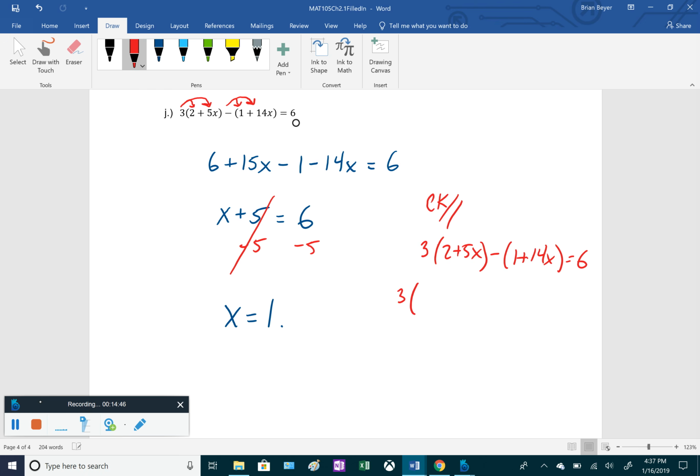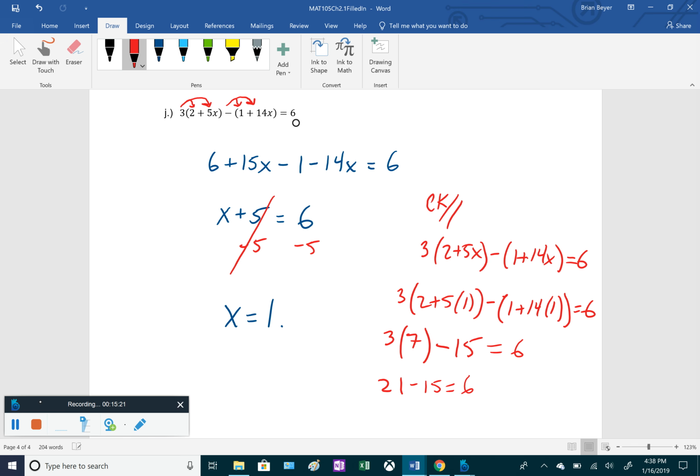So it's going to be 3 times 2 plus 5 times 1 minus 1 plus 14 times 1 equals 6. Okay, so simplify, just make sure your order of operations are correct here. So 2 plus 5 times 1, that's 2 plus 5, so that's 7. 1 plus 14 times 1, that's 1 plus 14, so 15. So we get 21 minus 15 equals 6, which is 6 equals 6, which is true.